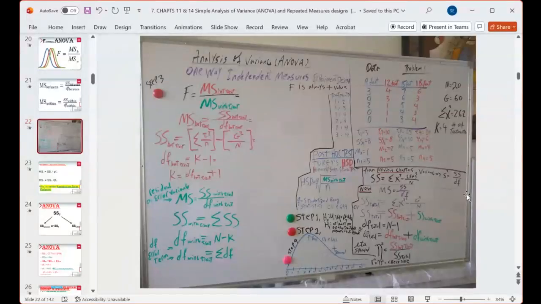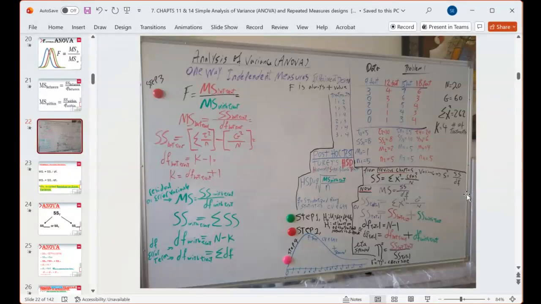It's better to go by treatment instead of just group, because in repeated measures you will have the same thing, except the same group will have different treatments. So it's better to know K symbol as a treatment.